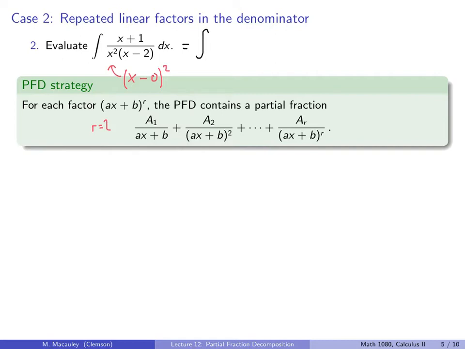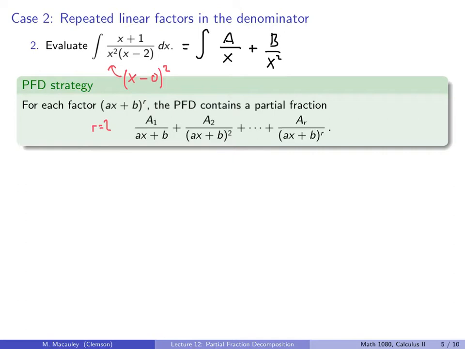So I want to write this as a over x plus, instead of a1 and a2, I'm just going to use a and b over x squared. Notice that my ax plus b is just x, and my ax plus b squared is just x squared.